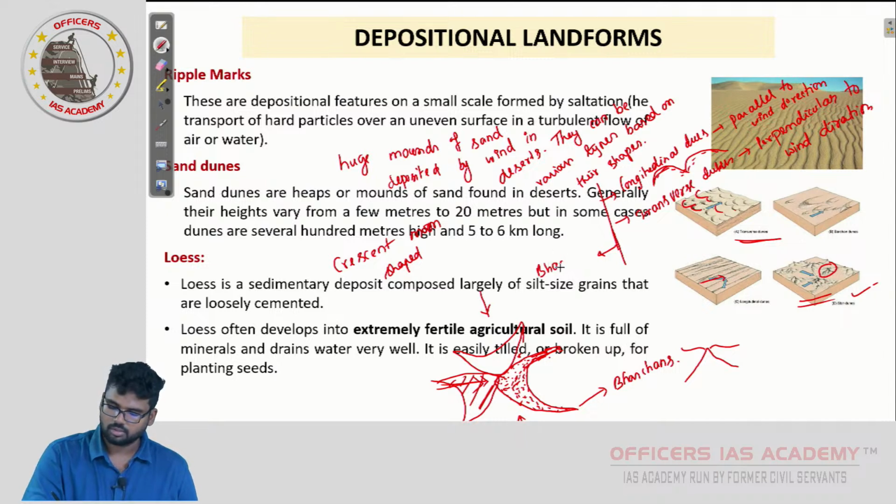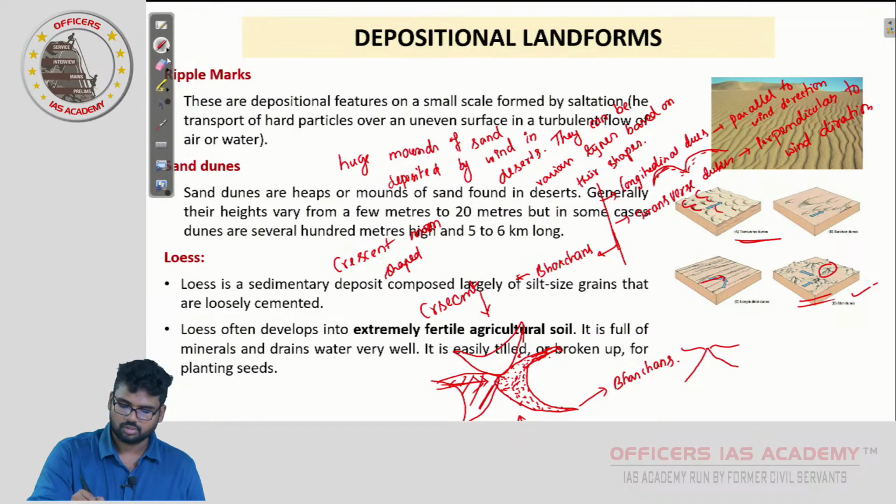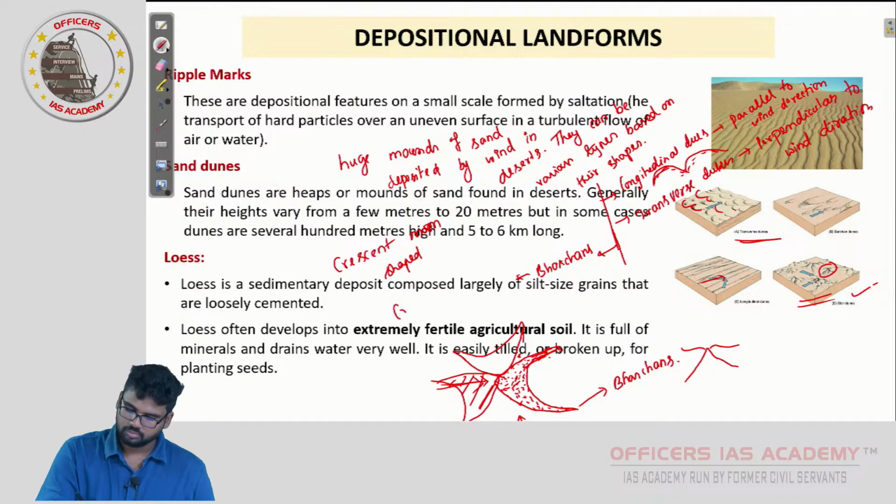Then the third variety is barkans. These are crescent shaped. Here I have written, you can take crescent shaped, crescent moon shaped dunes.